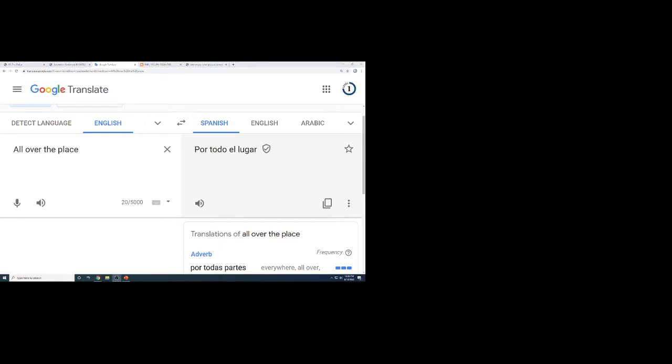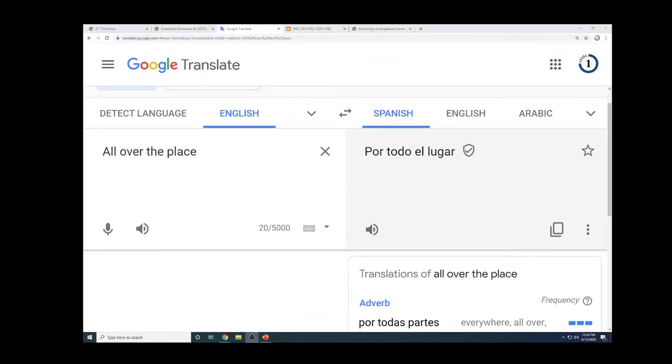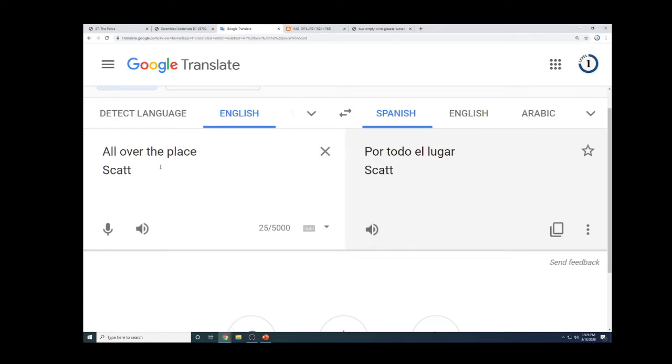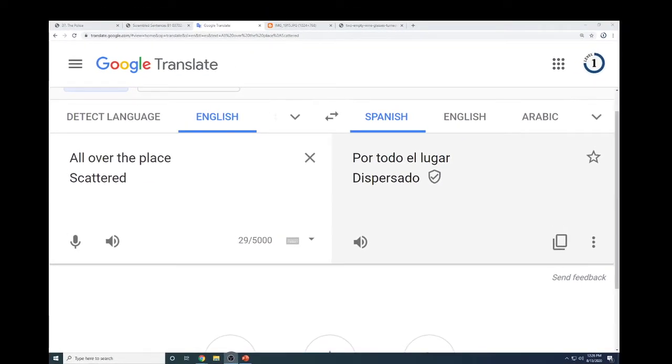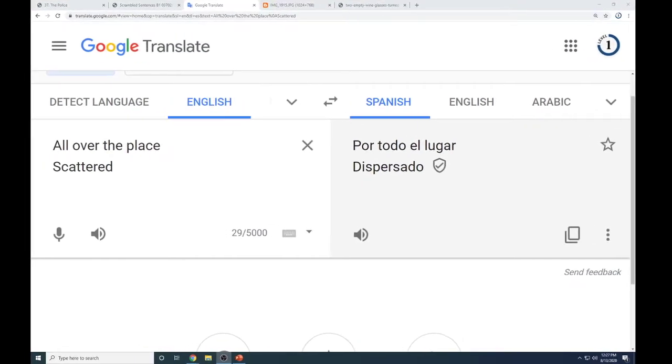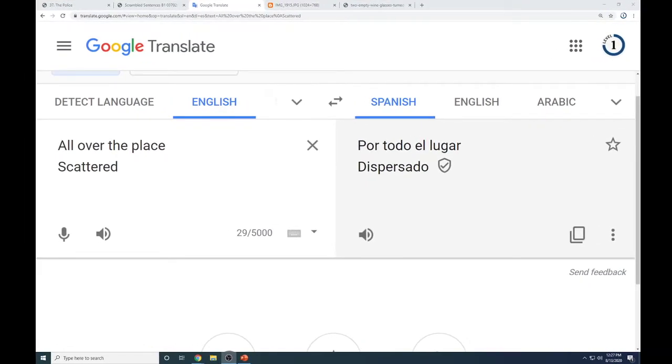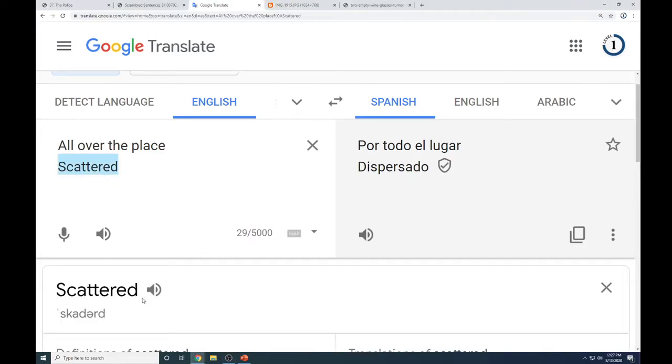All over the place is equal to the word scattered. Scattered. Sometimes we will say scattered all over. So it could be scattered, scattered all over, or all over the place.